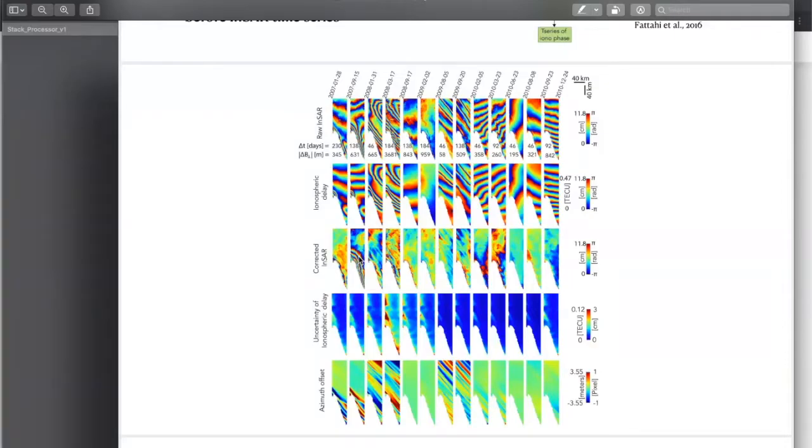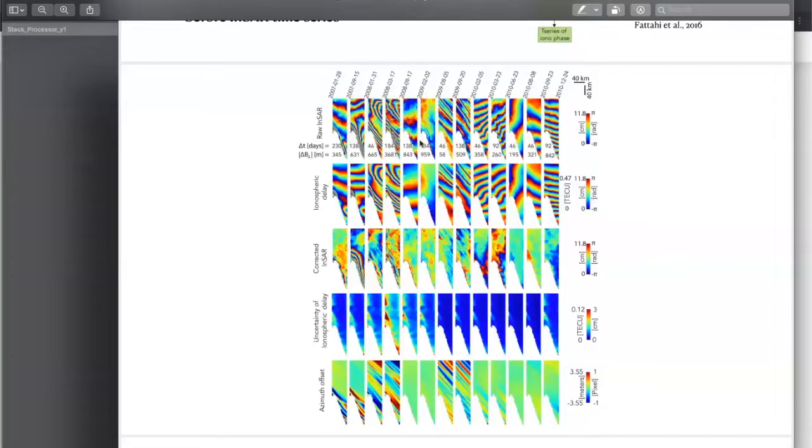And then the rest of them are dominated by atmosphere, troposphere, or residual ionosphere, high frequency ionosphere, which full spectrum cannot take care of. 2008 March and 2008 September, that one is dominated by DEM error, because the spatial baseline there is 4 kilometers almost, 3,681 meters.